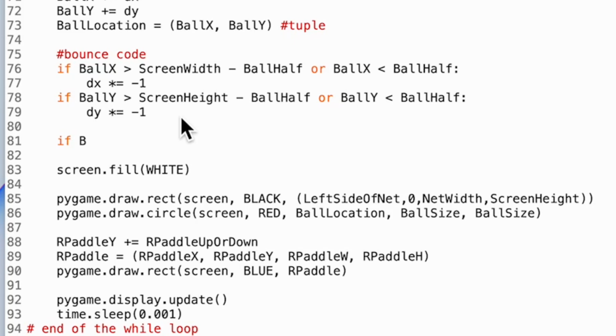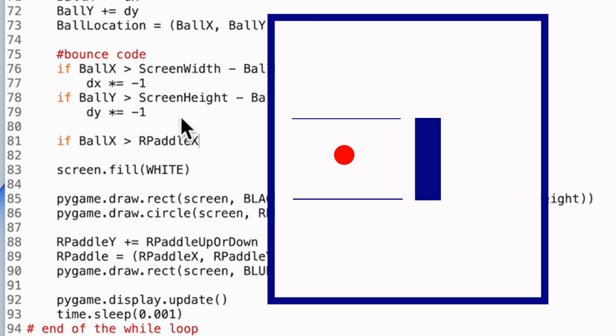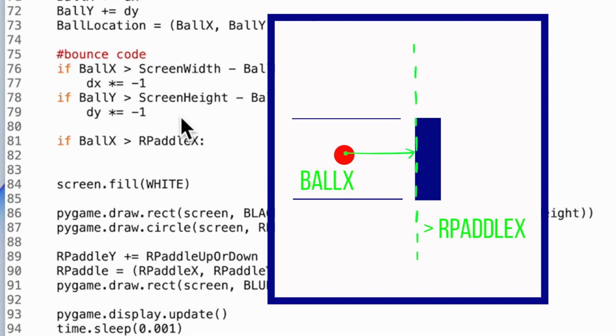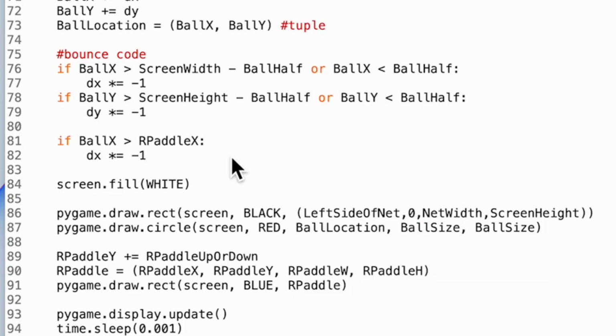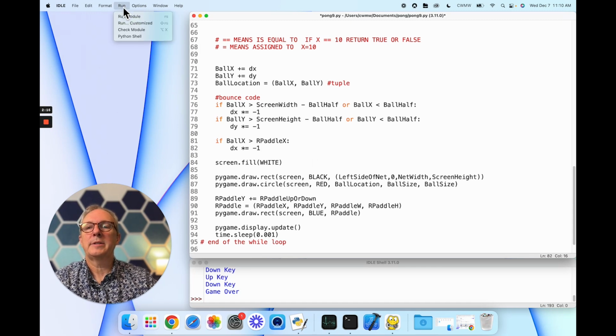So we're going to say if ball x is greater than the r paddle x coordinate, then we do dx times equals -1.